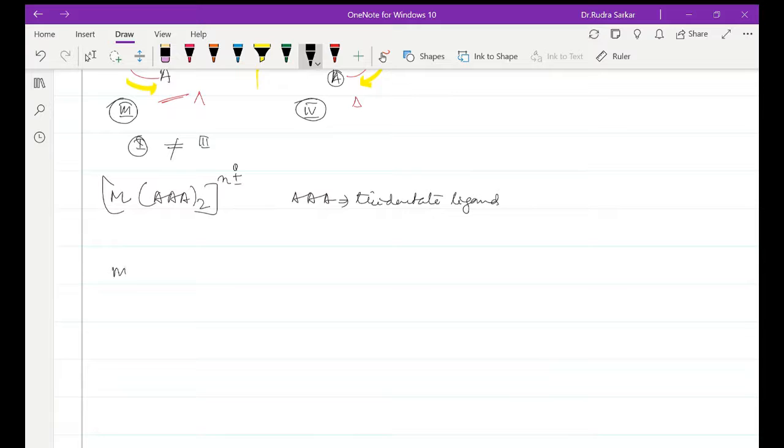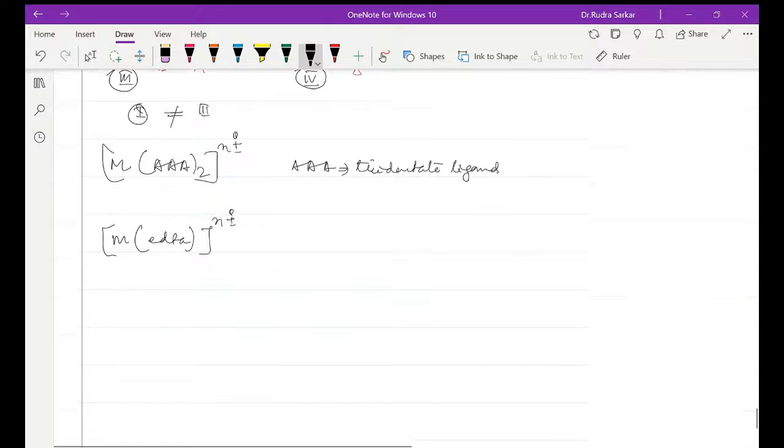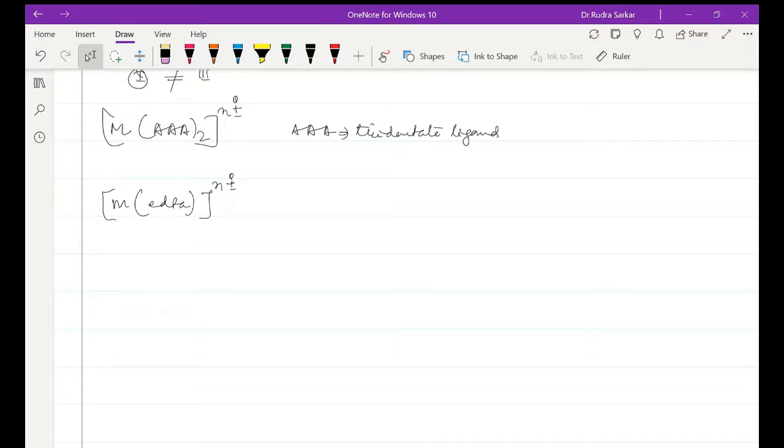And at last, to end this section, we will consider a hexadentate ligand, which is basically an M-EDTA complex. EDTA is ethylene diamine tetraacetate. What kind of arrangements are possible for this complex using the donor atoms, and what kind of isomerism will it show? We will say it only shows optical isomerism.